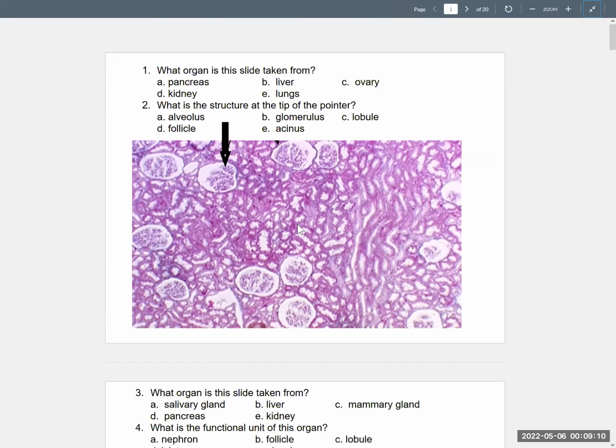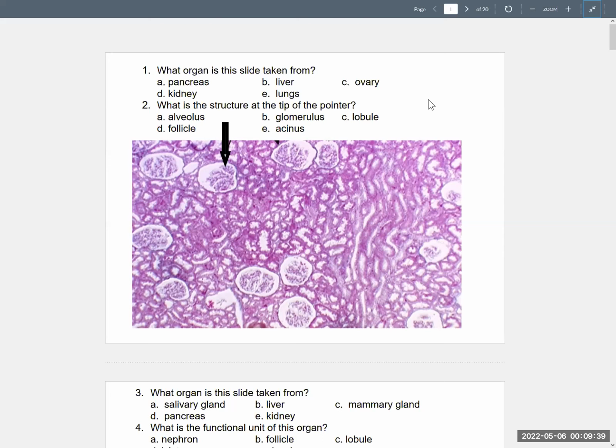Okay, what organ did this slide come from? Now, of course, you read the answers. There's 5 choices. Eliminate 4. Is it the kidney? It's the kidney, right? And it's pointing to the glomerulus.